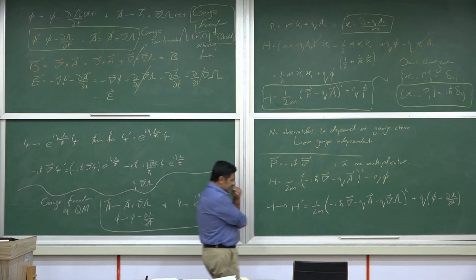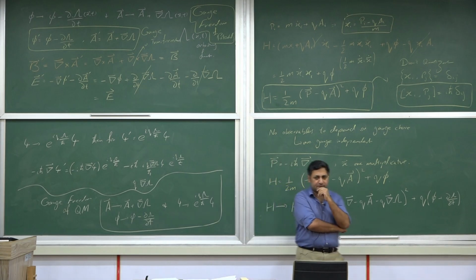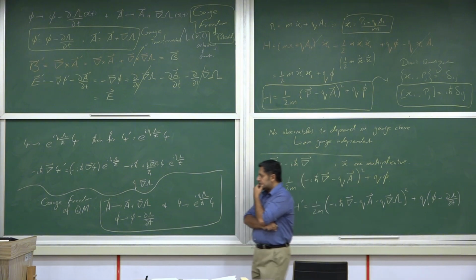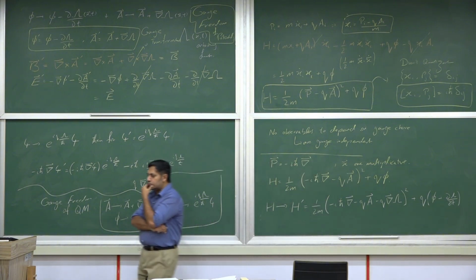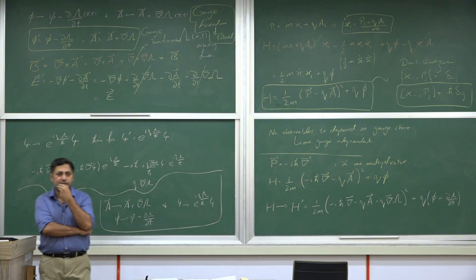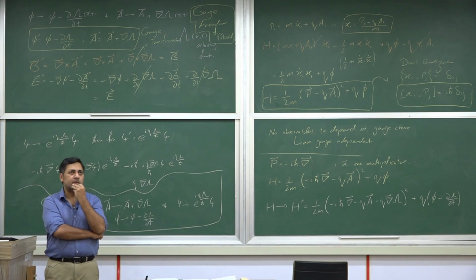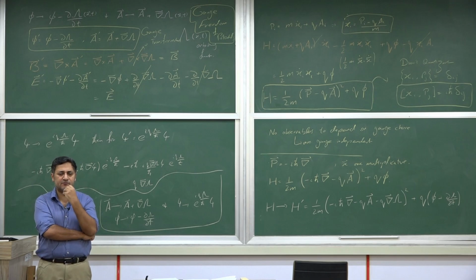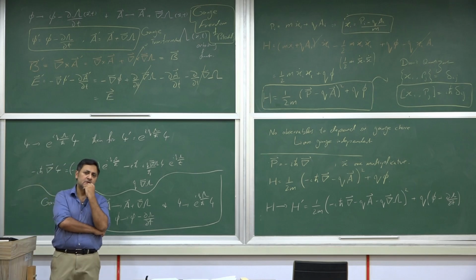I think it's best to think of it as not a symmetry. It's not giving you a symmetry in the usual sense. It's just that you have a redundant description of the same thing, because your actual fields were E and B, and you chose to represent them with phi and A because you were forced to.